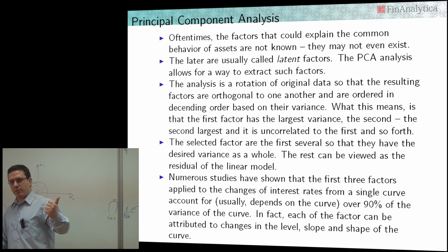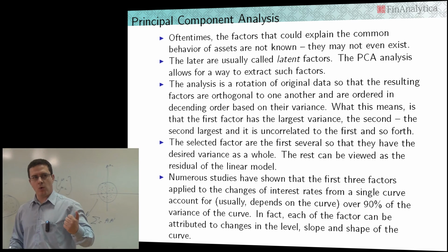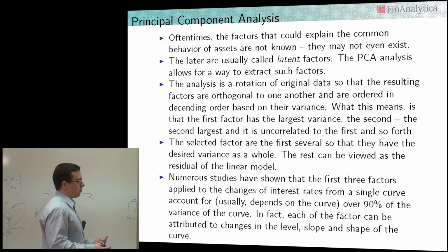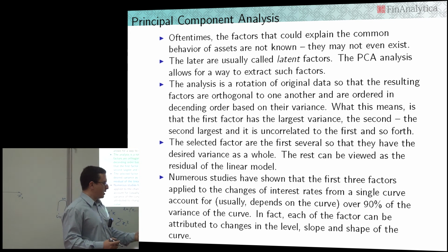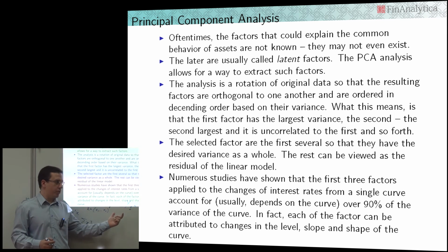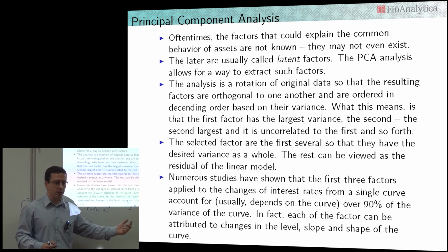And this may not always be the case. We may not know what the factors are that explain a certain variable. So we assume there are such factors, but we don't know them. We don't know what their data is, we don't know what they represent.